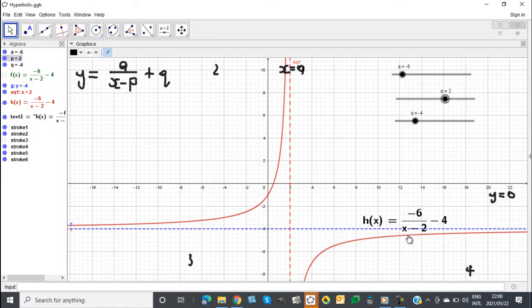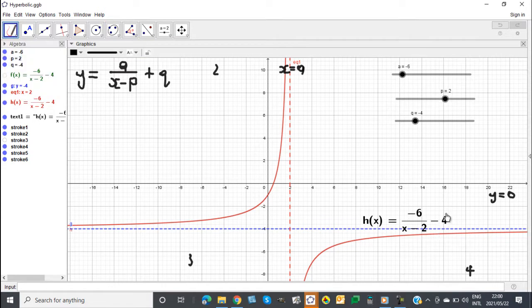So x value of 2 does not have a corresponding y value. That's why we say x is not in the domain of the graph. Similarly, with the horizontal asymptote of -4, if y is -4, you won't be able to solve for x.